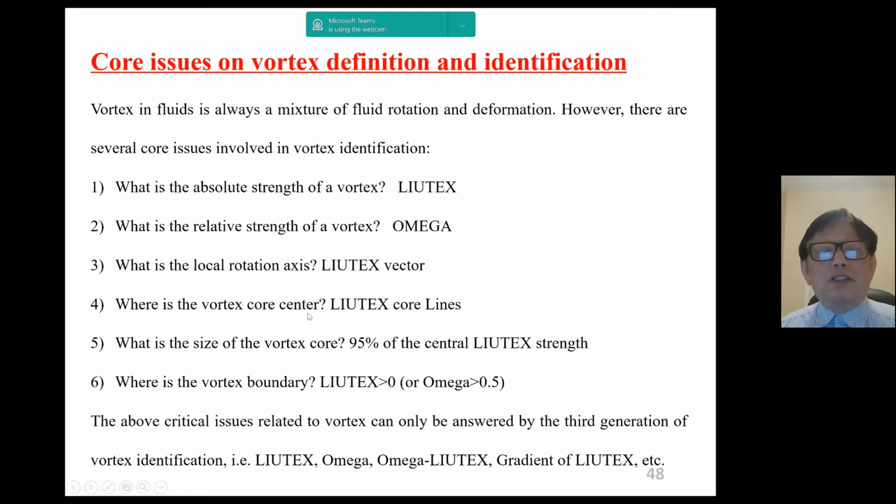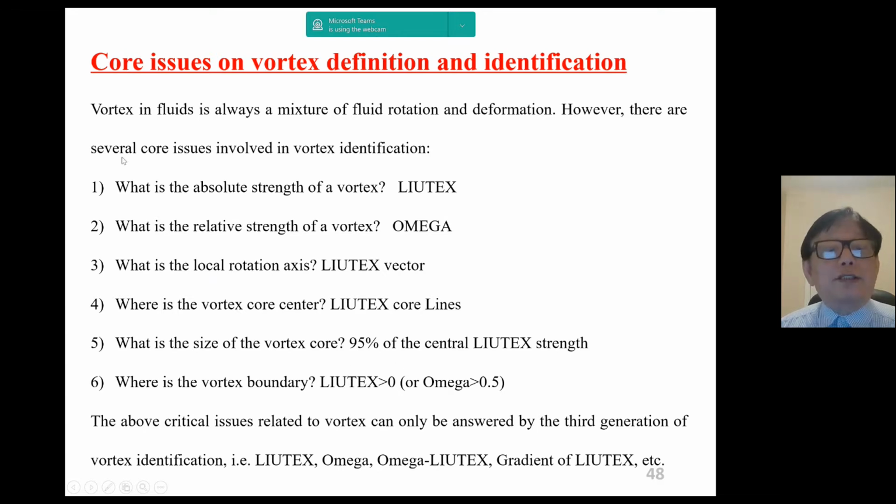Where is the vortex core center? That's the Rortex core lines. Then what is the size of the vortex core? Well, this is still empirical. Now we pick 95% of the central Rortex strength. Where is the vortex boundary? Set Rortex greater than 0.